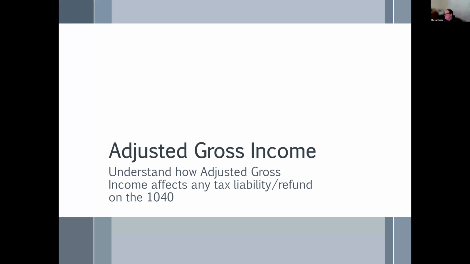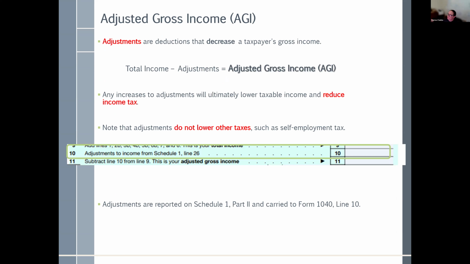As we think about adjusted gross income, let's talk about how that works. It reduces the amount of income that somebody has. They report all of their income, and then we have this set of subtractions that we can make from the total income to get what's called adjusted gross income. There are quite a few places where we will use AGI, or adjusted gross income, as a reference number or for other purposes.